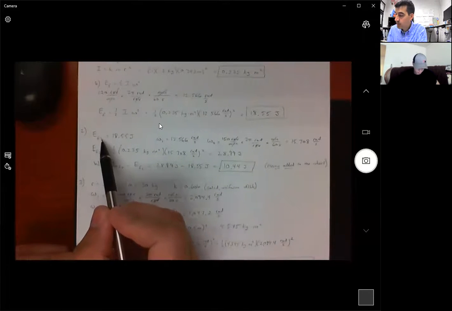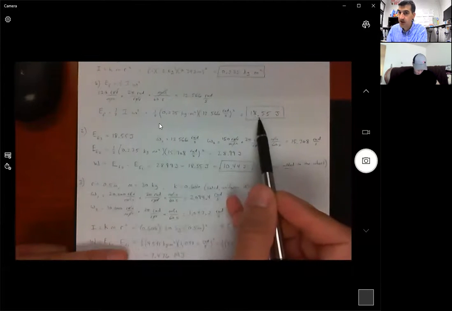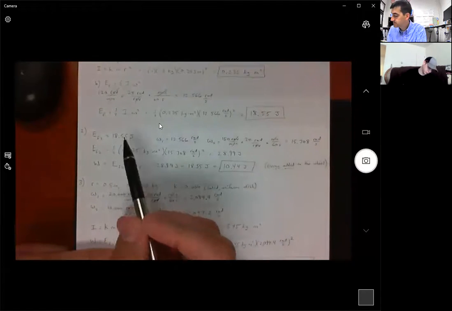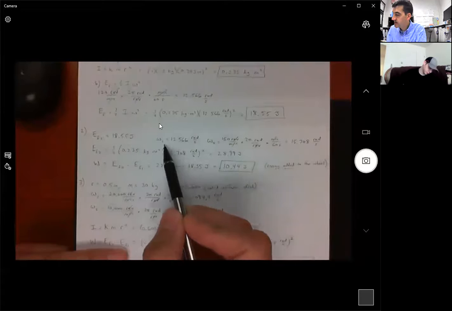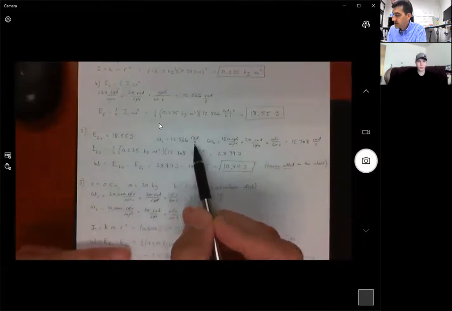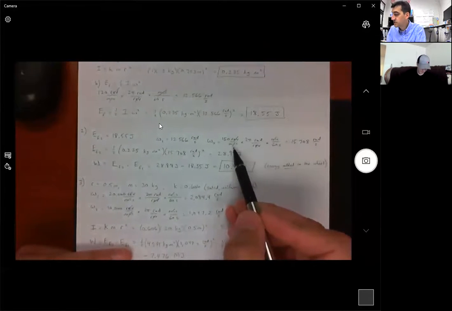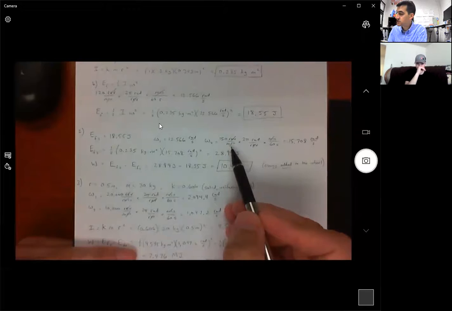Energy of the flywheel at time 1 is what we just calculated from right here in problem number 1, 18.55 joules. And this was our initial angular velocity that we calculated up here. We need to calculate our new angular velocity because that's going to go into our kinetic energy equation.